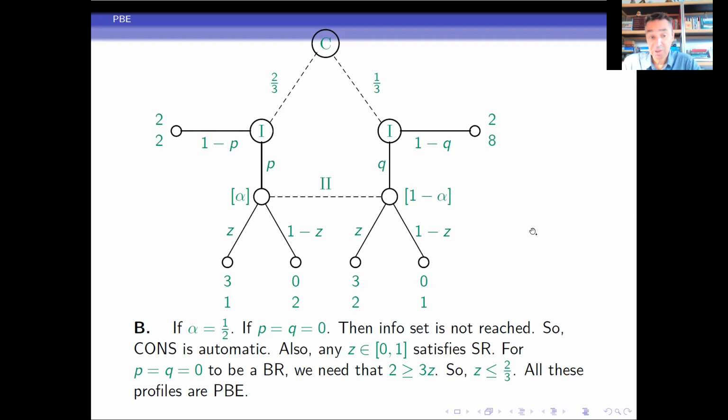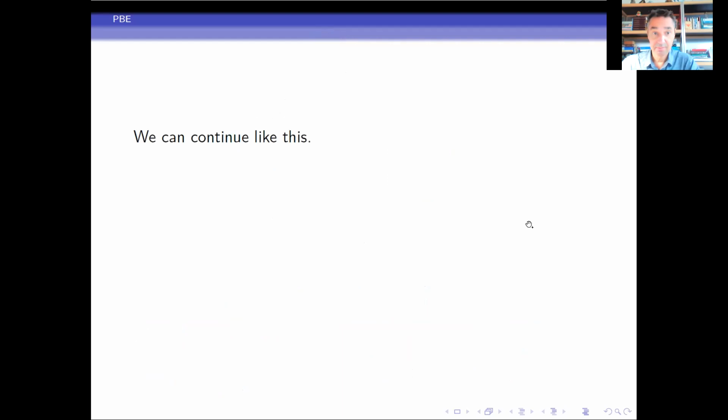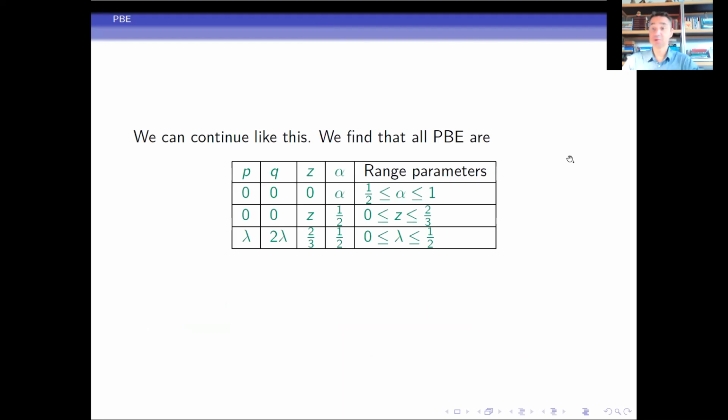And you can continue like that. So you can also check when P and Q are not equal to 0 and they are bigger than 0, and you'll find a few more. So all that is done in the reader, so you can read that for yourself. But I will stop here and just close this session with saying that if you do that correctly, these are all the perfect Bayesian equilibria that you find in this game.